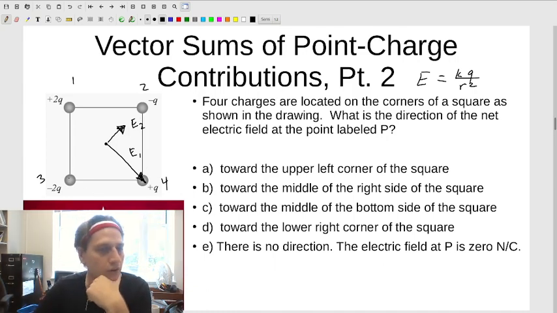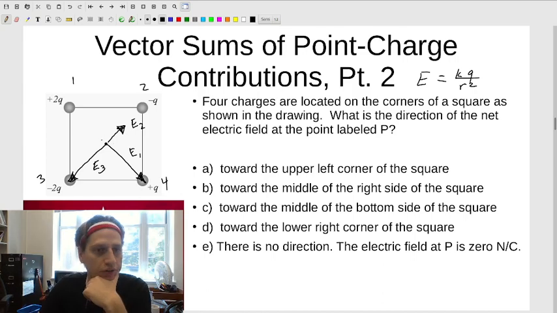E3 is also going to have a big magnitude because it has a bigger charge. So the electric field vector is going to be pointing towards. So there's my E3. And then my E4 is going to be pointing away.